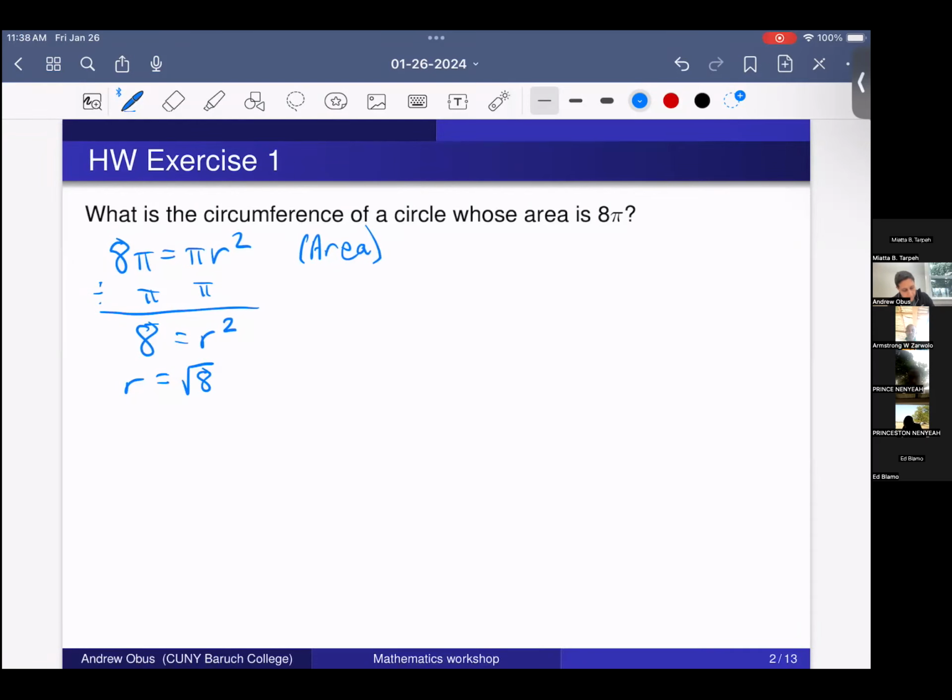Great. You find the factor of 8 which is a perfect square. That is 4 times 2, so it will be 2 root 2. Okay, exactly. Very good. So we have r equal to 2 times the square root of 2. Then the question asks for the circumference.